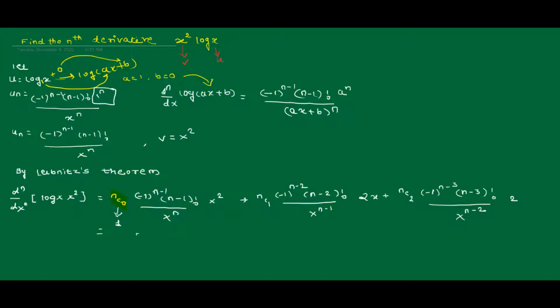Then the remaining terms are, x square, transposing this x square to the denominator, minus 1 raised to n minus 1 into n minus 1 factorial divided by x raised to n minus 2, plus, now what is the value of nC1? nC1 value is equal to n, and then minus 1 raised to n minus 2 into n minus 2 factorial into 2.